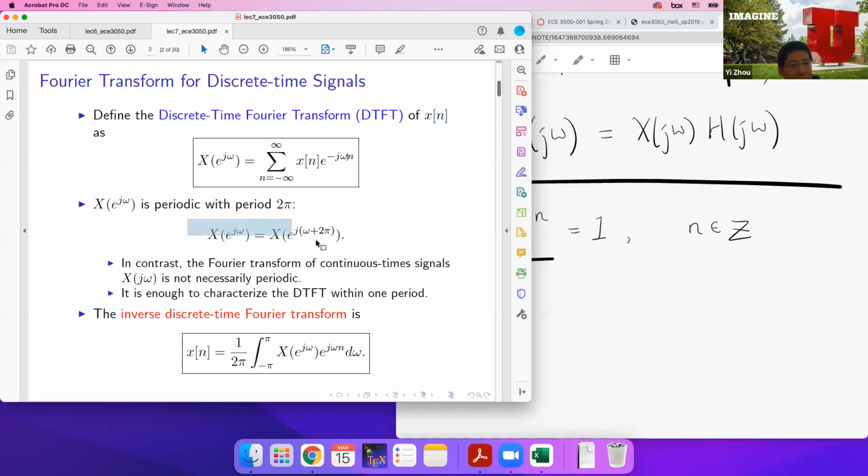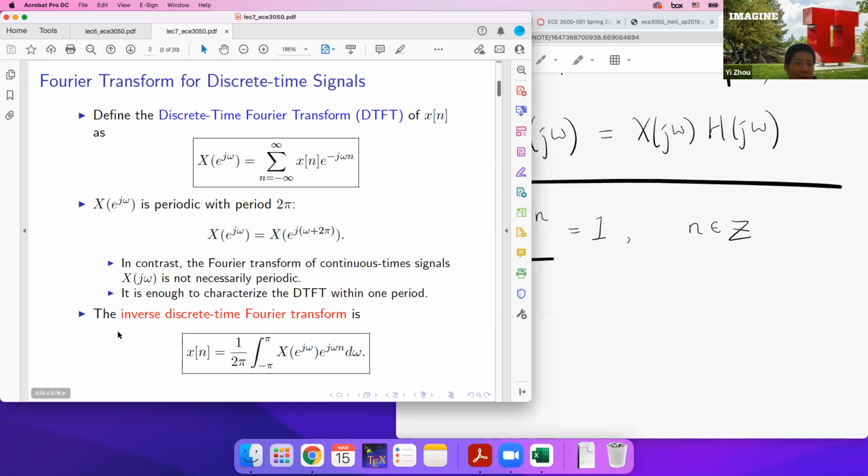And because of this periodic structure, it is sufficient to characterize the spectrum within one period, because it is always periodic with period 2 pi. So if you visualize the spectrum, one period is enough.